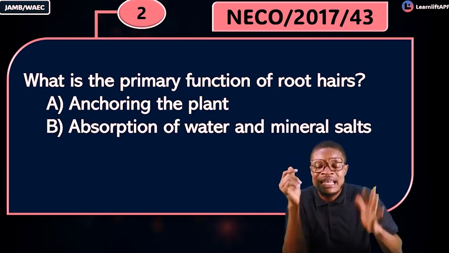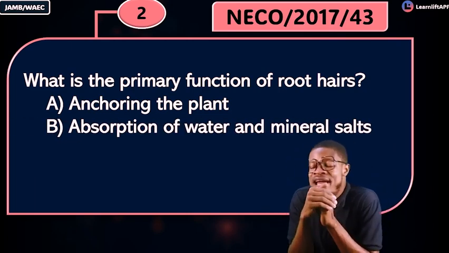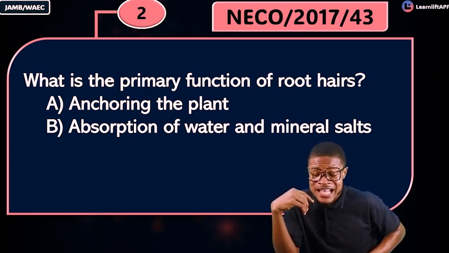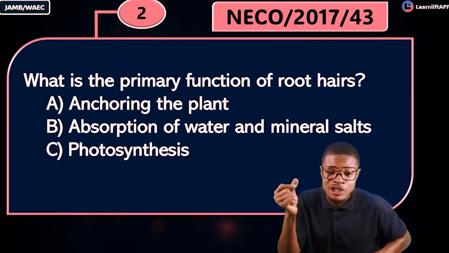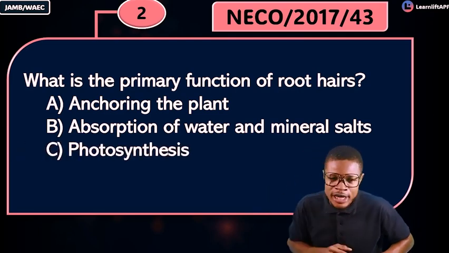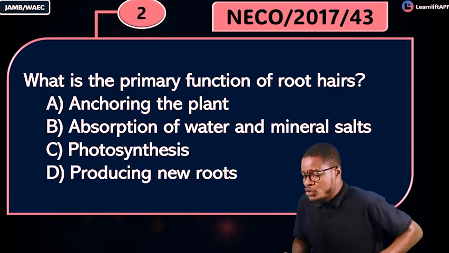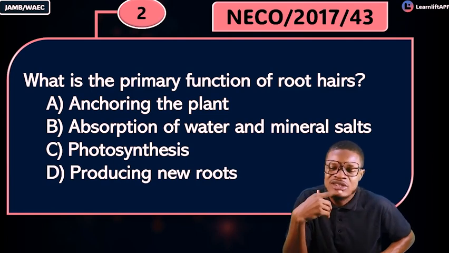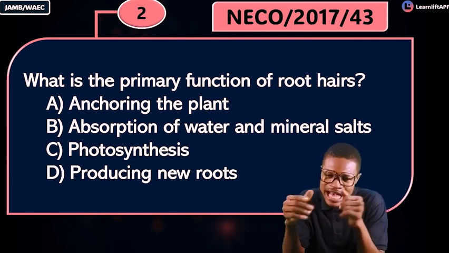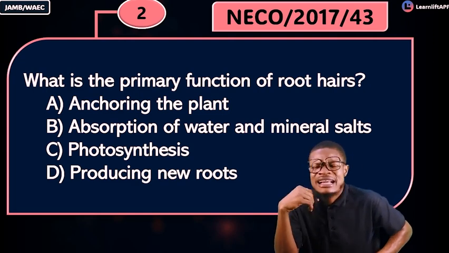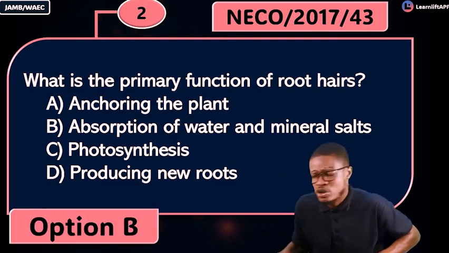Option B says absorption of water and mineral salts. Option C, photosynthesis. Is that the answer? No. Option D says producing new roots. That's not the major thing they're asking us. So what is the answer? Absorption of water and mineral salt. You are correct. Option B is the answer.